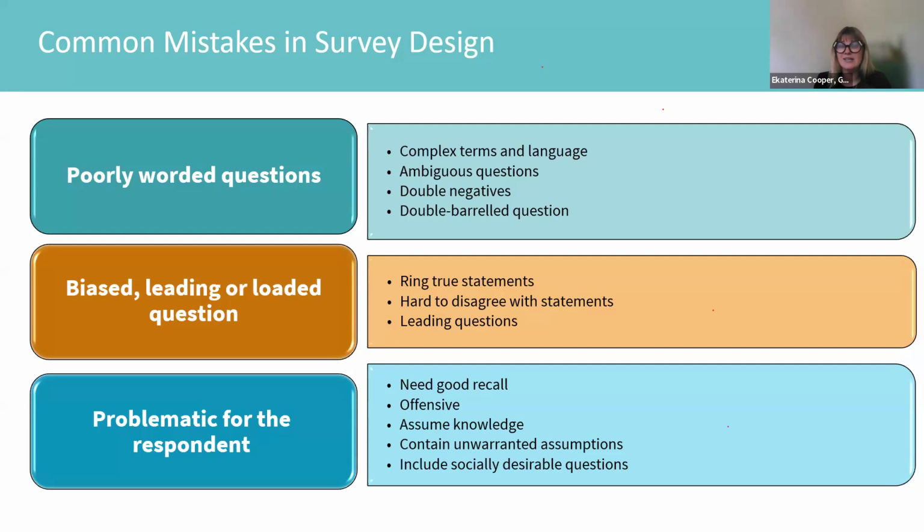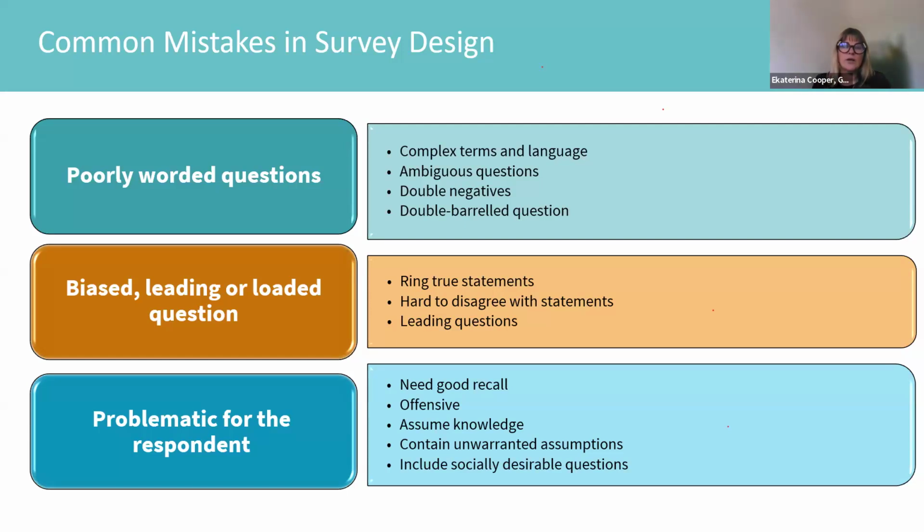So hard-to-disagree statements will not give you anything meaningful. And of course, asking questions like did you enjoy it, did you like it, did it work for you, minimizes the range of opportunities for participants to share their actual feelings, emotions and attitudes towards your solution.